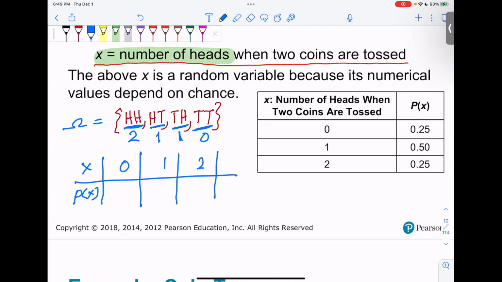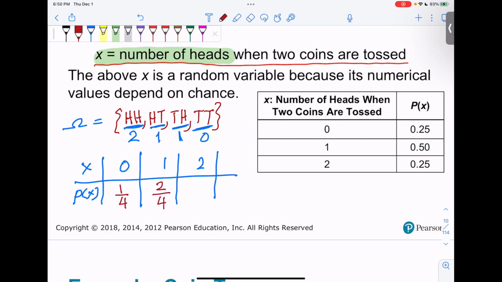Okay? And then let's start with 0. How many outcomes do we have equal to 0? Here, 1. 1 out of 4. So it will be 1/4. What about 1? It will be 2 divided by 4.